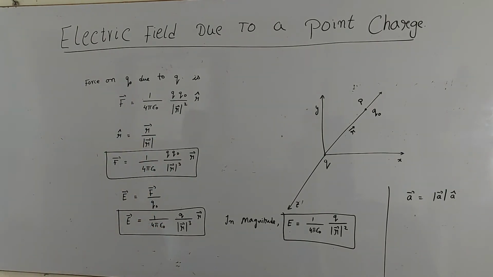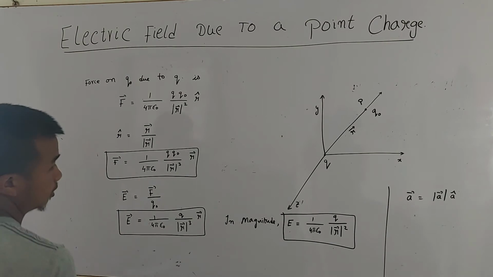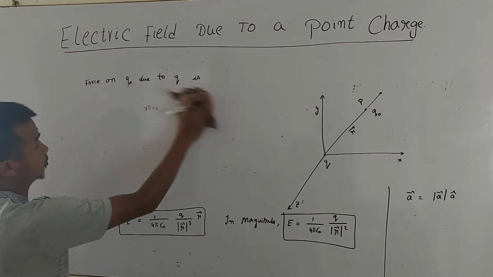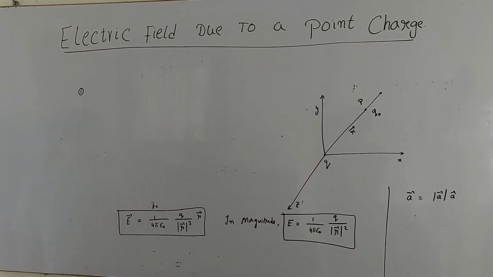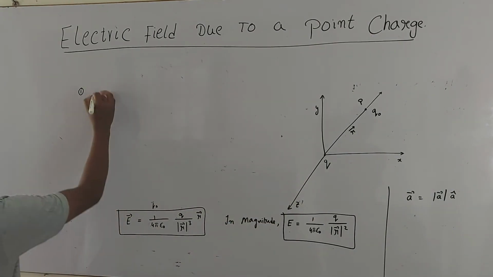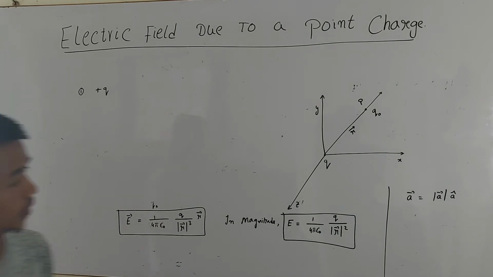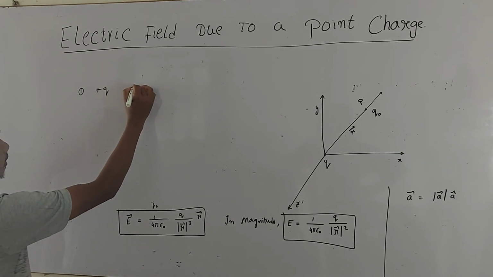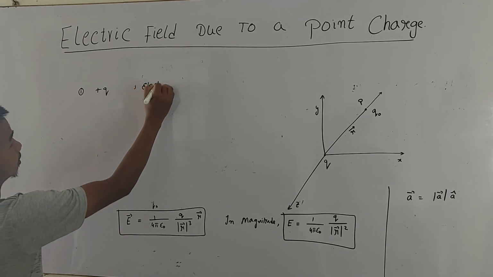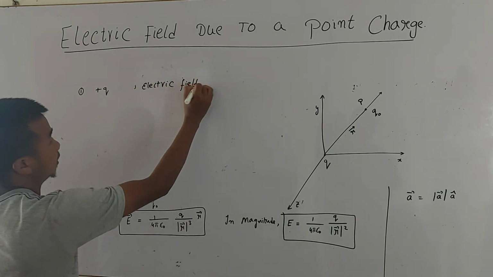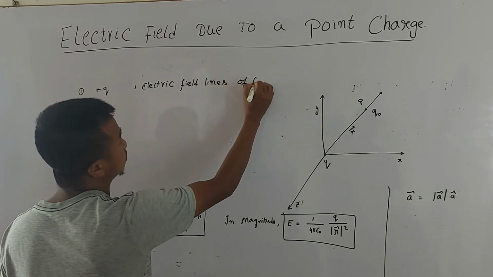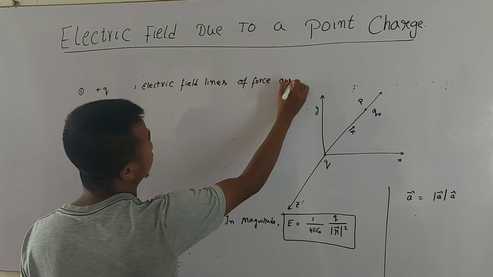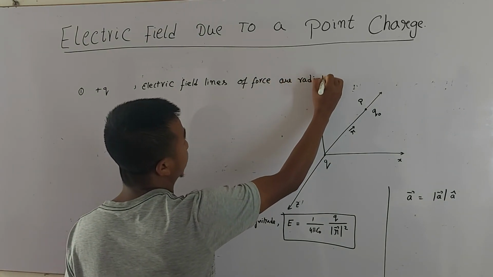So let us have a discussion. Number 1: if the point charge is positive, the electric field lines of force are radially outward.